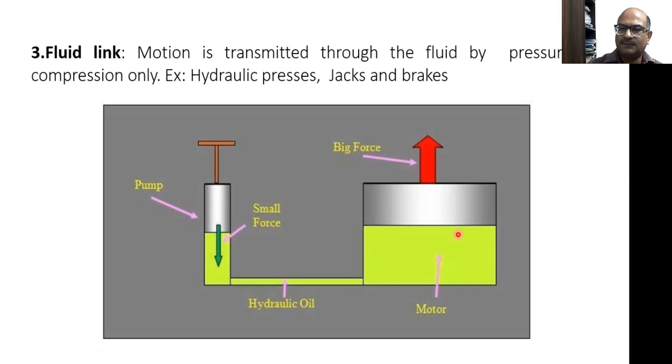All of you know that this type of machine has fluid and pumps with a small cross section, and then we can transform this small force into a large, bigger force so that we can lift the heavy machines placed over here. That is the concept of the hydraulic presses and hydraulic machines that we are using.